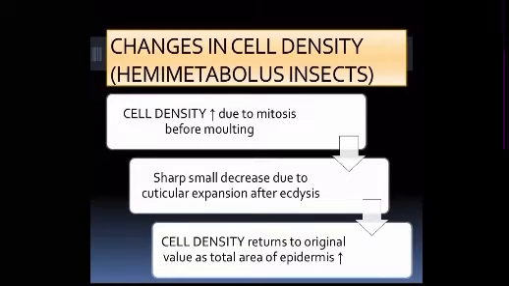After that, cell density returns to the original value as the total area of the epidermis increases and the new epidermal cells spread out. This is the reason why the newly formed cuticle is always larger in surface area than the previous one and is the basis for growth in an insect.